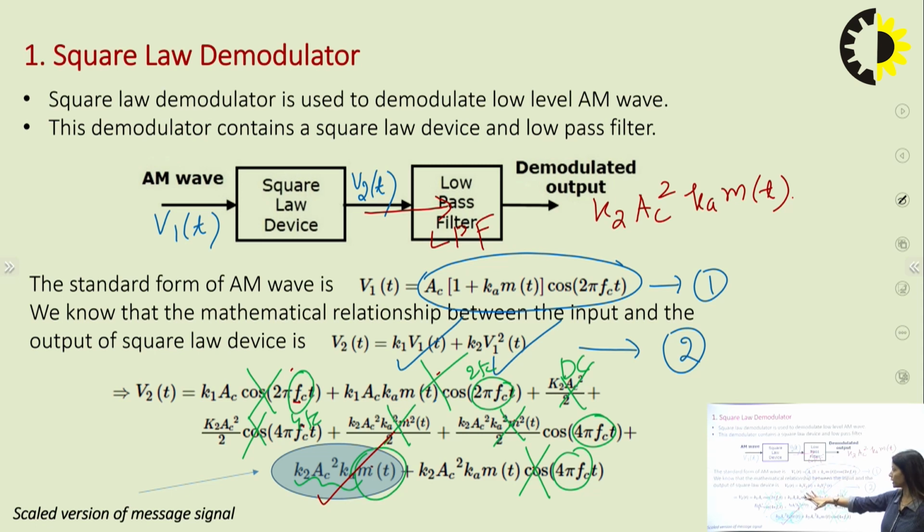This is a DC component. Similarly, this is a 4FC component. This is m squared(t). This won't be passed by the low pass filter. These are 4FC components. Only this particular frequency term will be passed by the low pass filter, and the demodulated output would be K2 Ac squared Ka m(t), right?